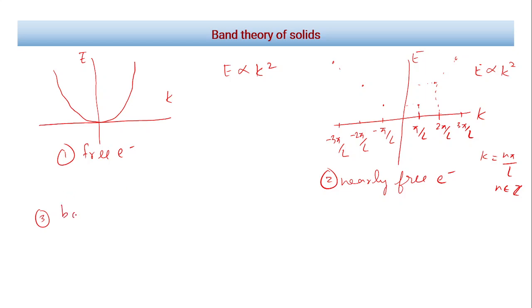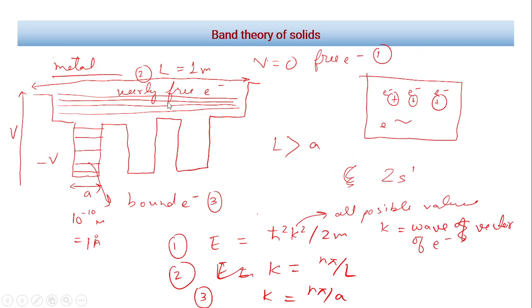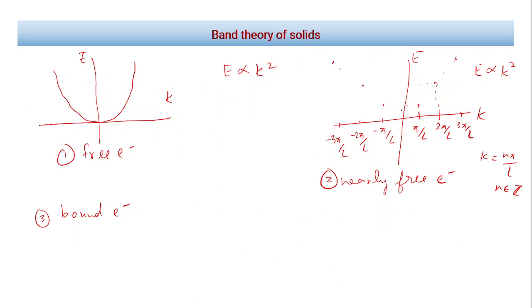Now the third case is the bound electron. For bound electrons, it will be similar to the situation for nearly free electrons when we graph E versus k.